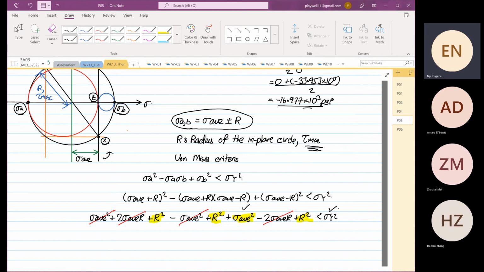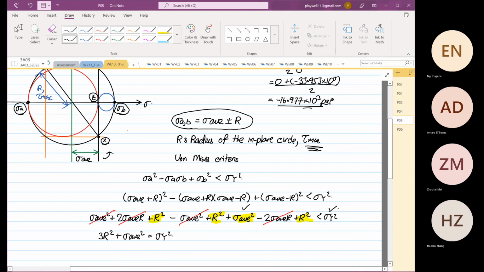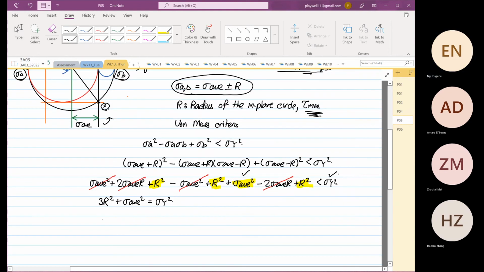So from here, mathematically straightforward, 3R squared plus stress average squared is equal to sigma y squared, or yield, sorry. So R is equal to the square root of (sigma y squared minus stress average squared) divided by 3.